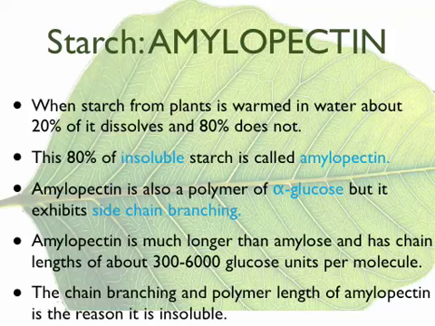Amylopectin is much longer than amylose, with chain lengths of about 300 to 6,000 glucose units per molecule. Another way that I remember the difference is that amylopectin is a longer word, so amylopectin is a longer molecule than amylose. Subsequently, because it's got chain branching and it's a big molecule, amylopectin is insoluble.